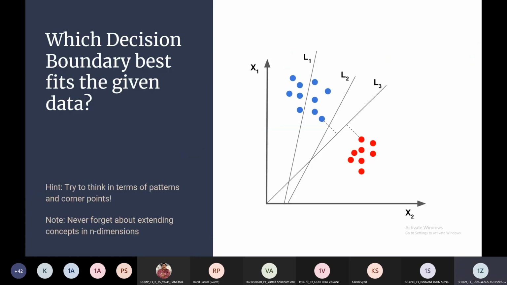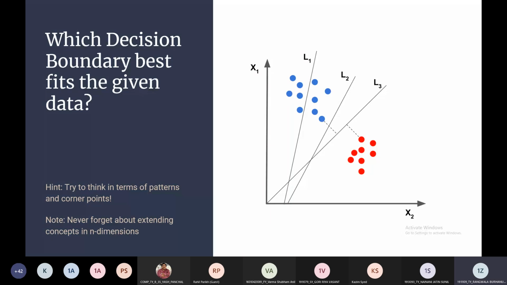Now, how the logic behind SVMs works is, as you saw in the previous sessions, logistic regression or linear regression basically try to predict an output, and then they try to minimize the distance between the predicted output and the real output.